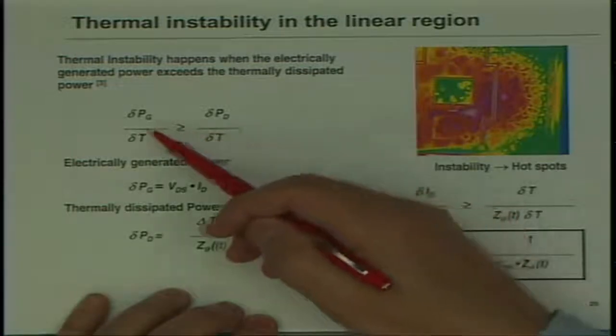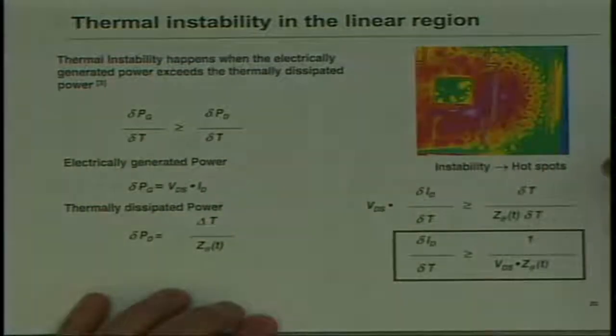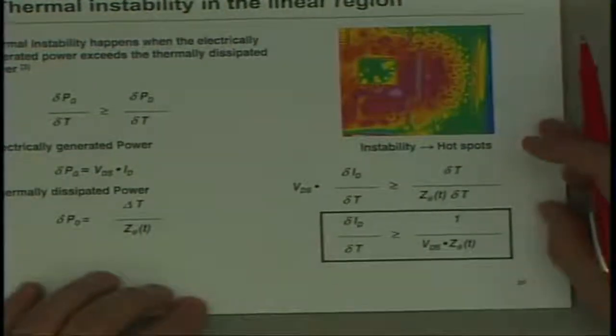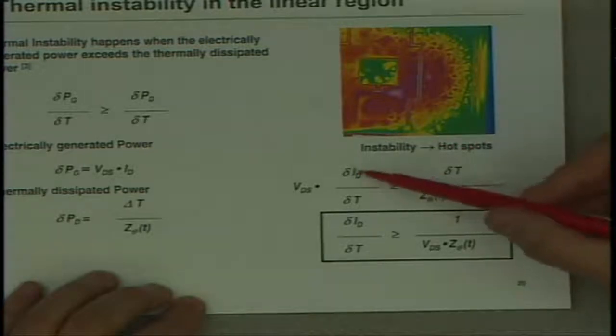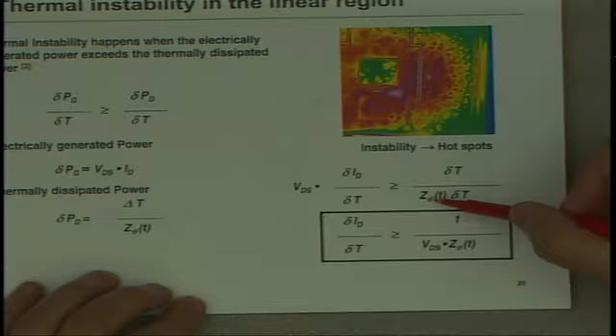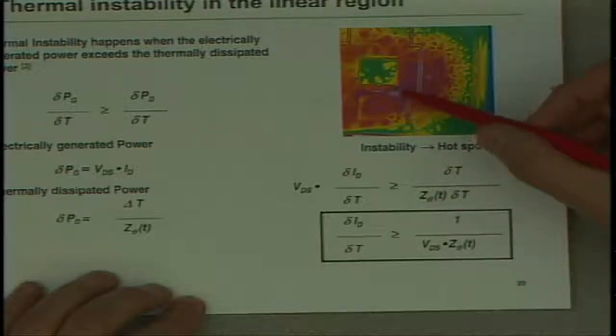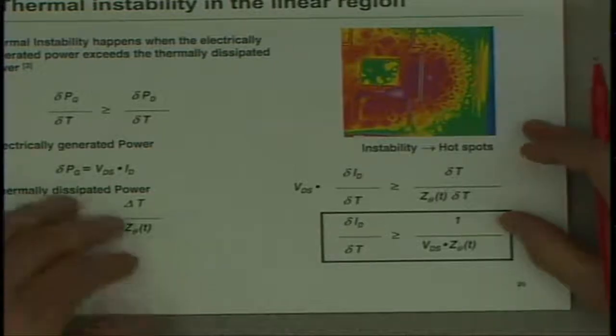If this inequality is greater than 1, then you get hot spotting. Essentially, what it says is that the transient thermal impedance in these regions is unable to handle the amount of power that's being dissipated.